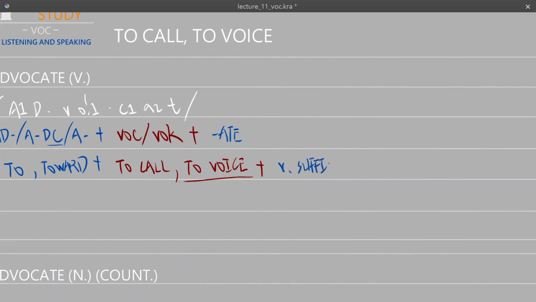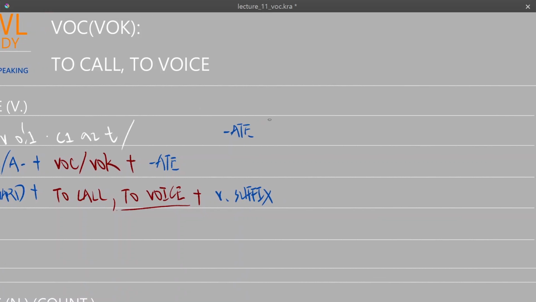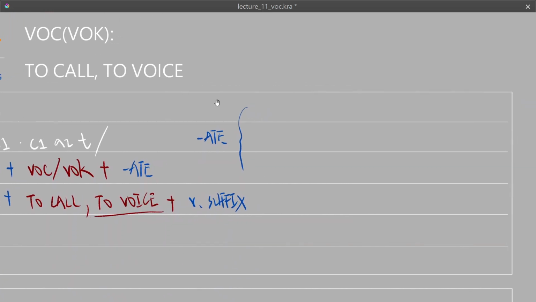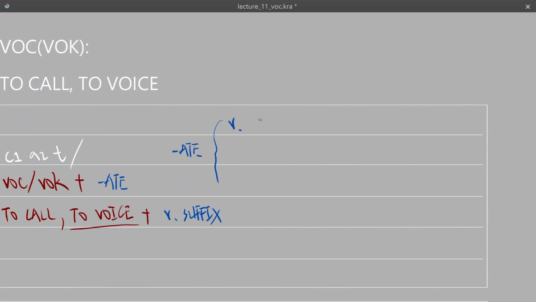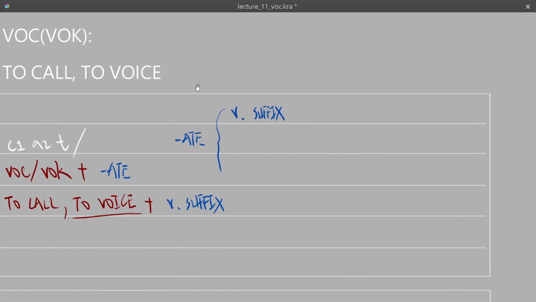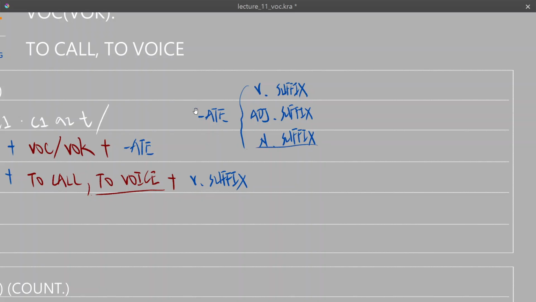Just keep in mind that ate, the suffix, could be used as a verb suffix, or as an adjective suffix, or as a noun suffix. As a noun suffix, it usually means somebody or something.